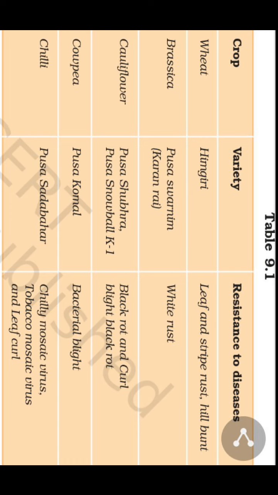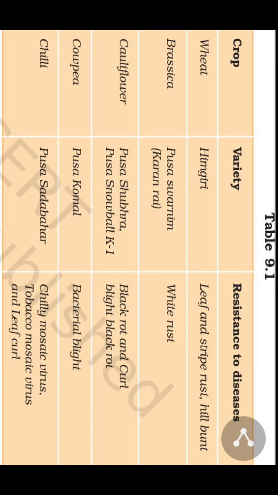The resistance of the host plant is the ability to prevent the pathogen from causing disease. It is very important, and it is determined by the genetic constitution of the host plant. Before breeding is undertaken, it is important to know the causative organism and the mode of transmission.